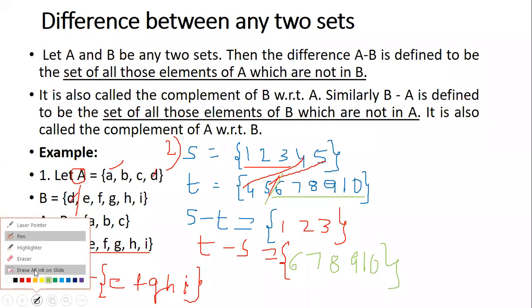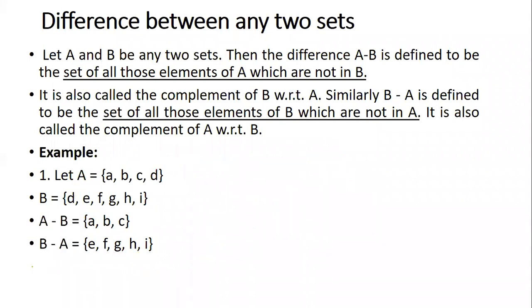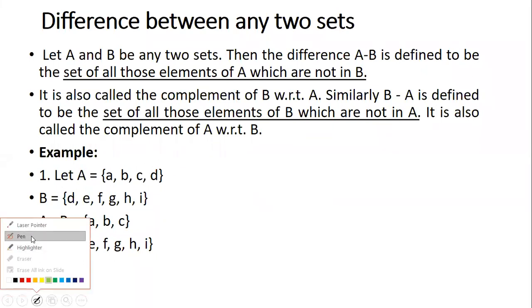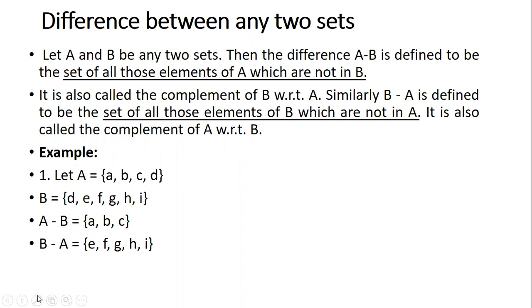So we will solve one more problem. A minus B, B minus A, we will solve one more problem so that I think it will be very clear by then. Let's take X. X is equal to 2, 3, 4, 5, 6, 7, 8.